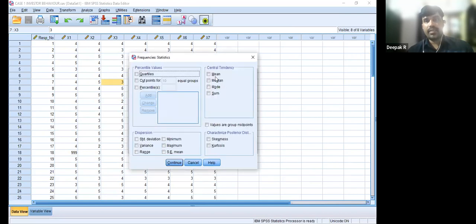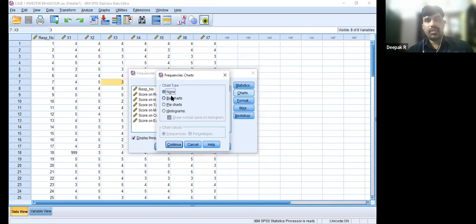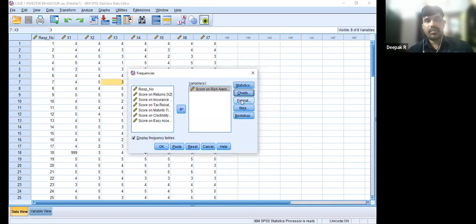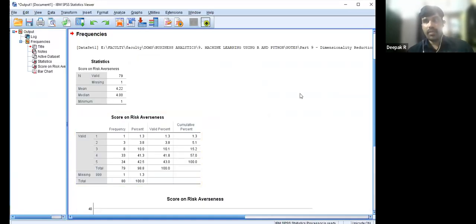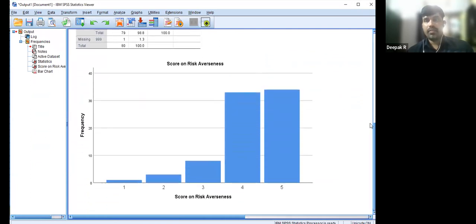Here in Statistics, we can select bar charts. Then if I go for OK and look at the output, these are the plots that we get.